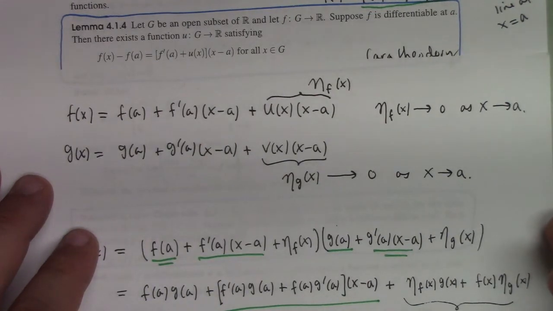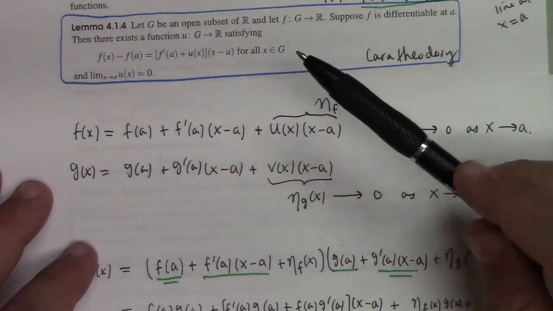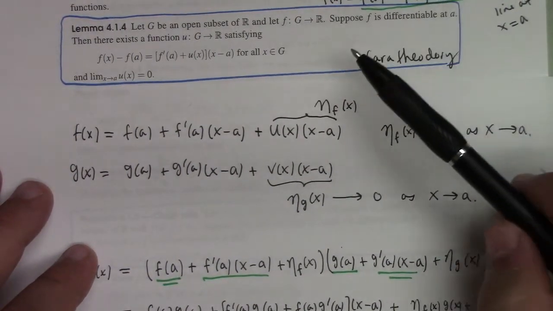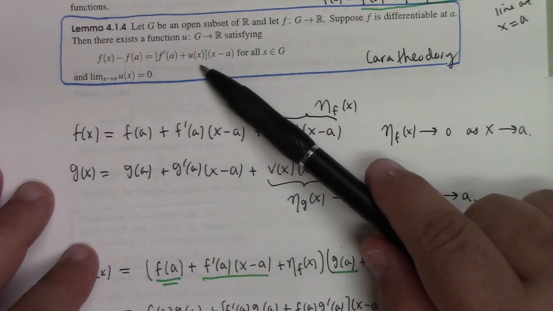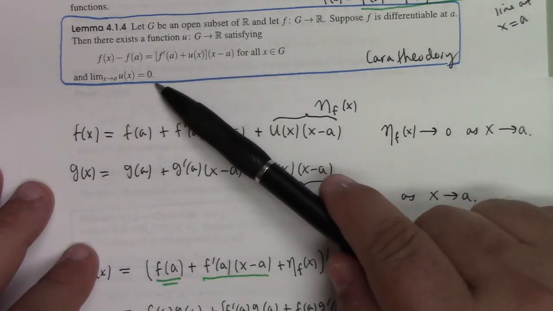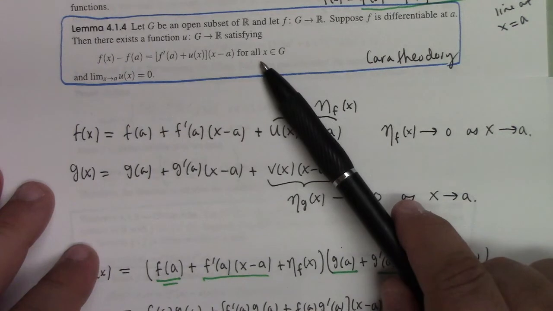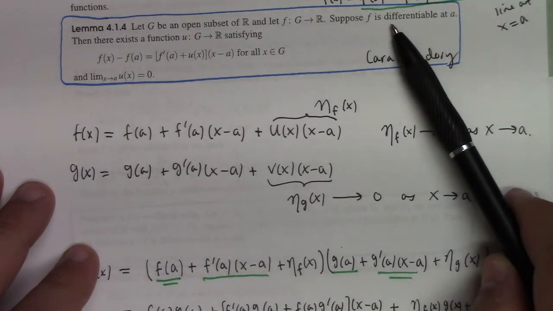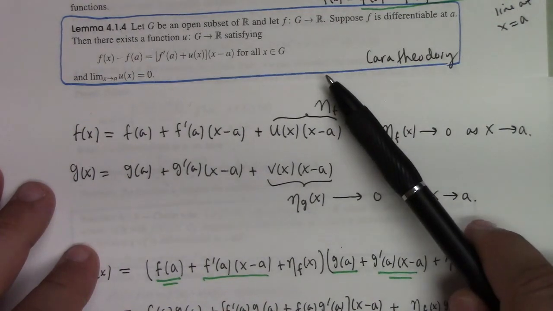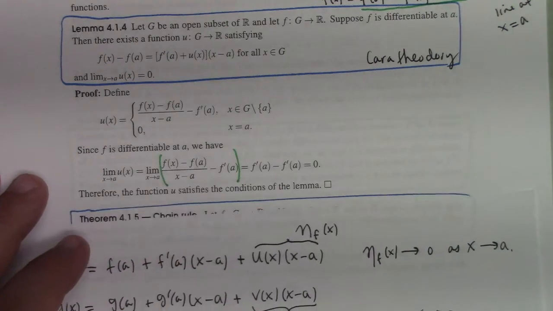But you could reverse this as well, you know. If there exists a function u, which is continuous at a with limit 0, and satisfying this identity for all x, then that implies that f is differentiable at a, right?